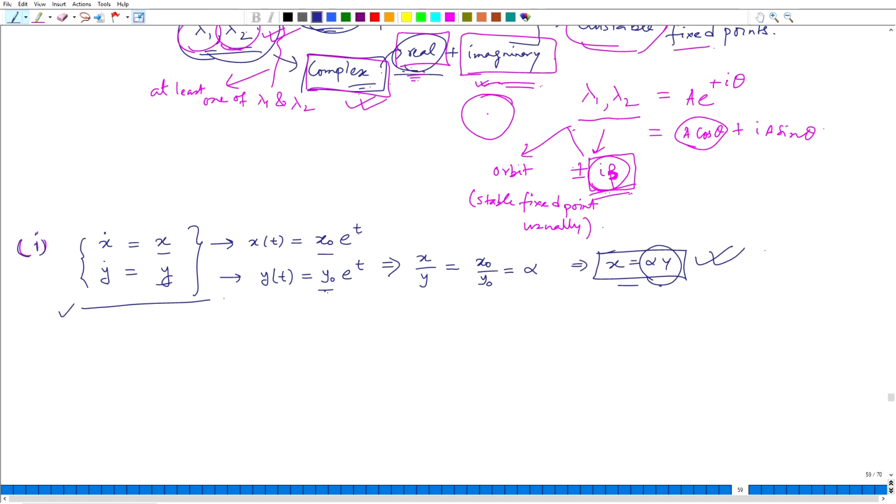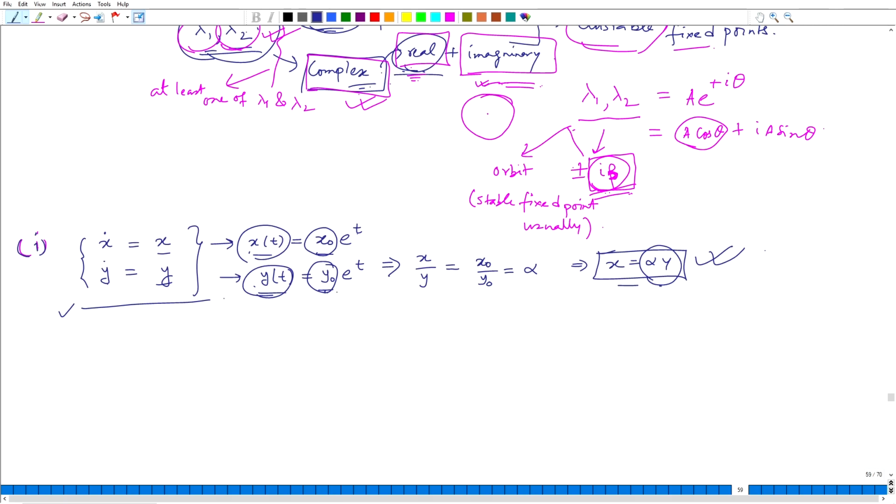Another point is when t is not equal to 0, okay. x is never 0, and the same is also happening for y. If t is 0, these are also non-zero given x 0 and y 0 are non-zero. So, at which point can x and y be 0, if you start with non-zero x 0 and y 0 values?